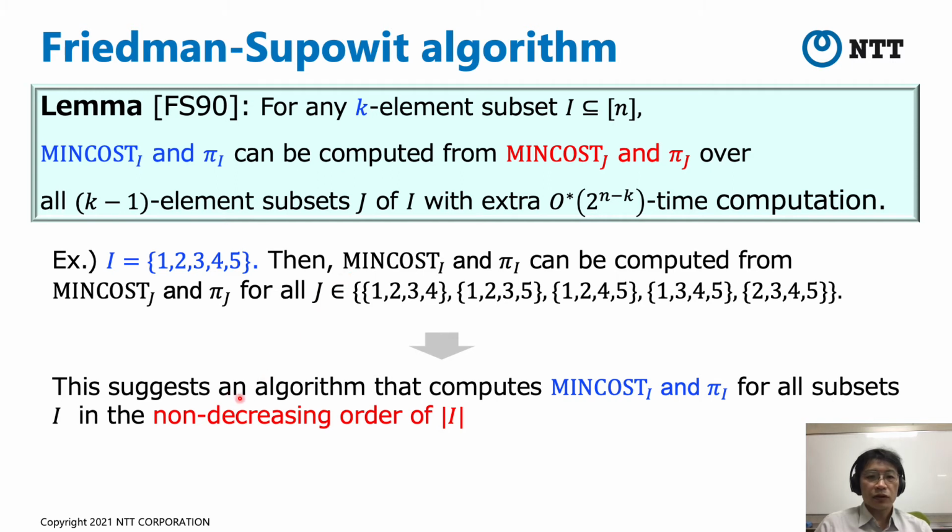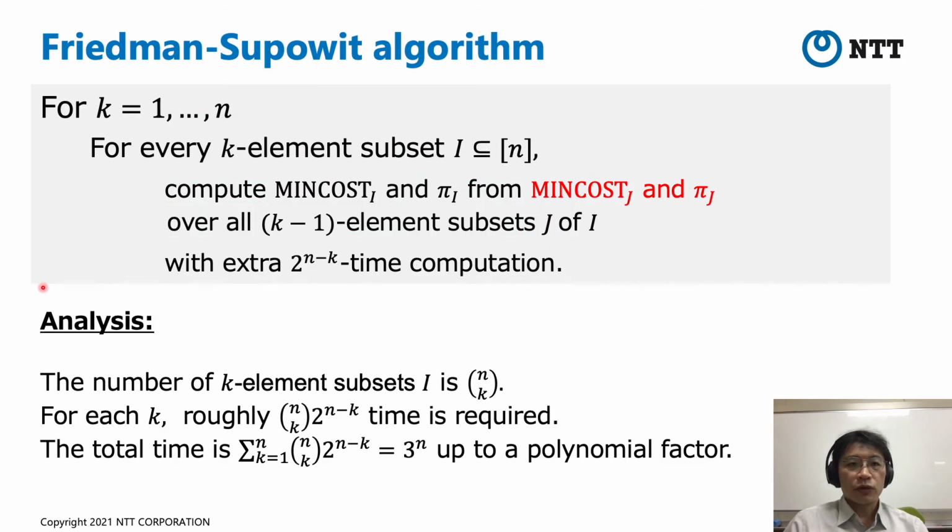This suggests an algorithm that computes min cost I and pi I for all subsets I in the non-decreasing order of the size of I. More concretely, for k equal to 1 to n in this order, for every k-element subset I, compute min cost I and pi I from min cost J and pi J over all k-1 element subsets J of I with extra 2 to the n minus k time computation.